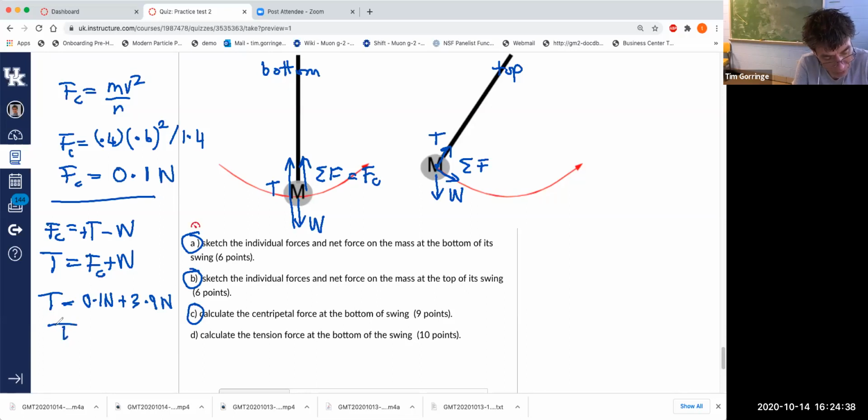And so the tension force itself is 4.0 newtons. And so that's the answer to part D. And so that's working our way through the practice test.